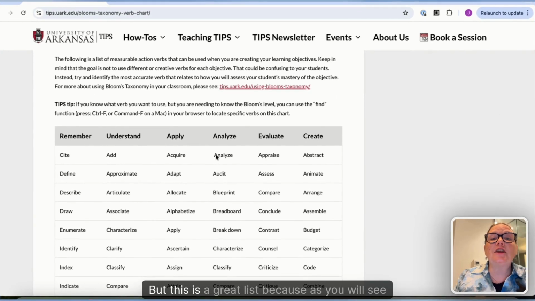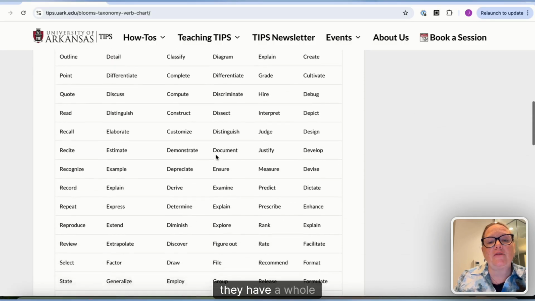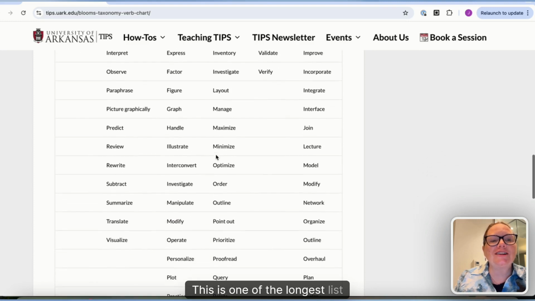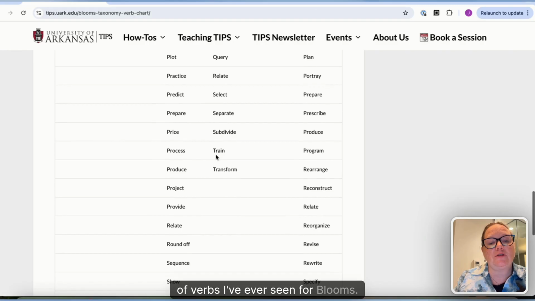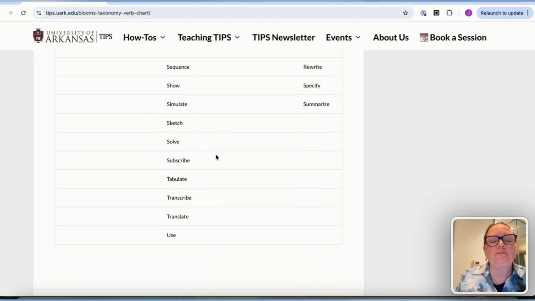But this is a great list because, as you will see, they have a whole lot of verbs. This is one of the longest lists of verbs I've ever seen for Bloom's. So it may really help you think about how you're measuring your objectives.